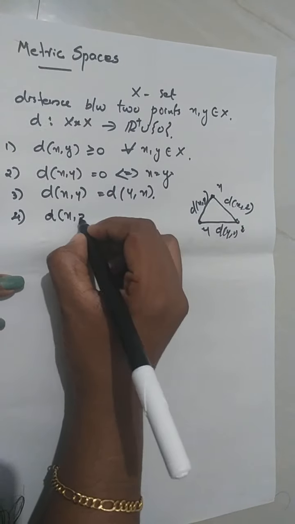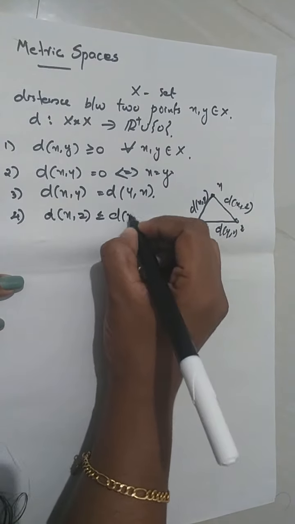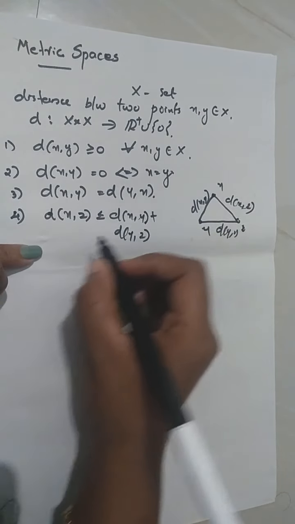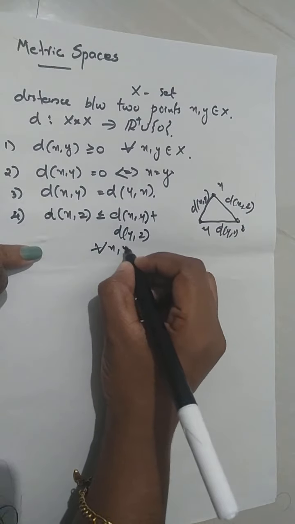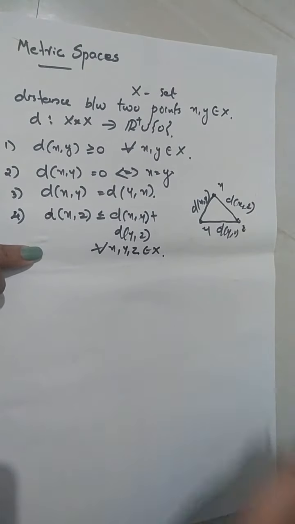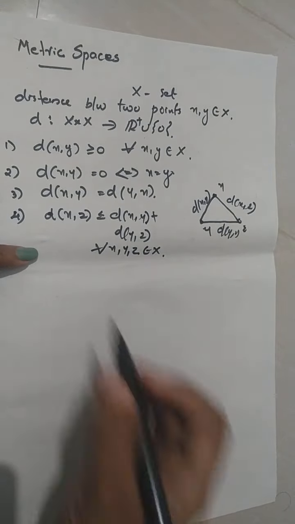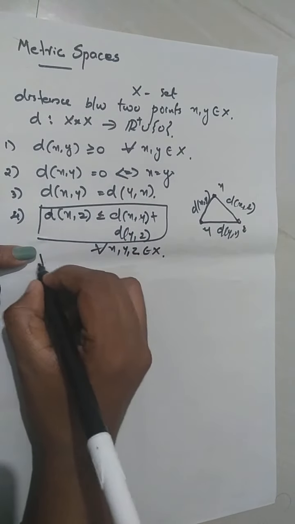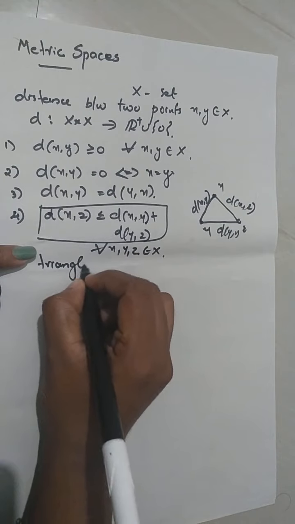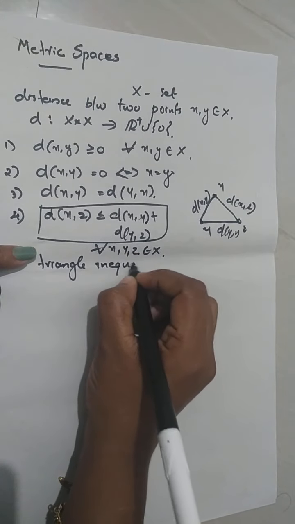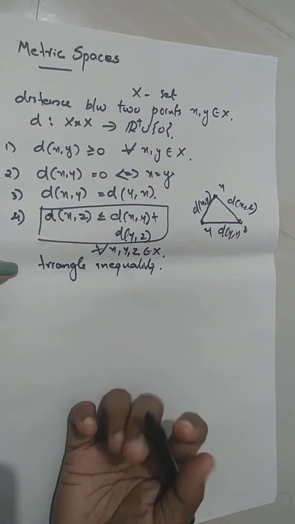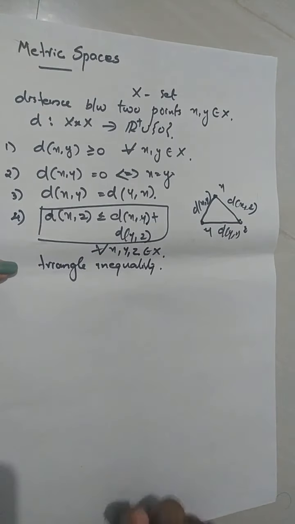Then D of (x, z) should be less than or equal to D of (x, y) plus D of (y, z), if it is true for every points x, y, z in the capital X. This property is called the triangle inequality.